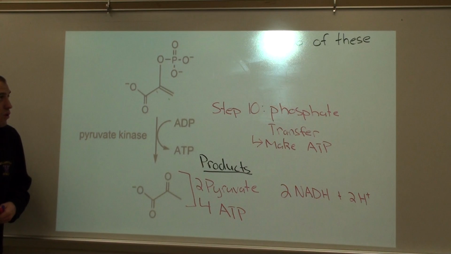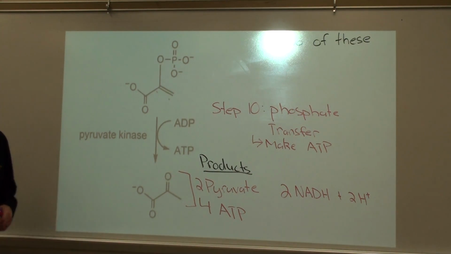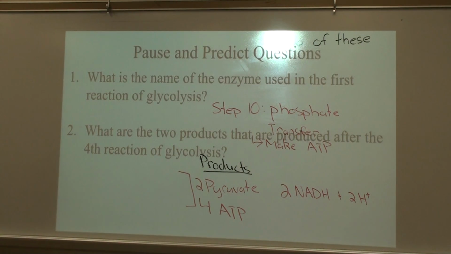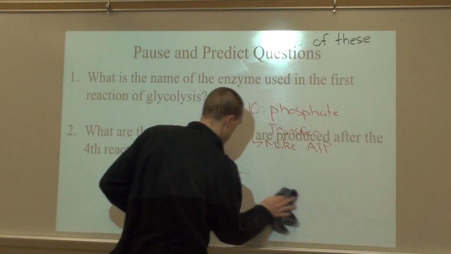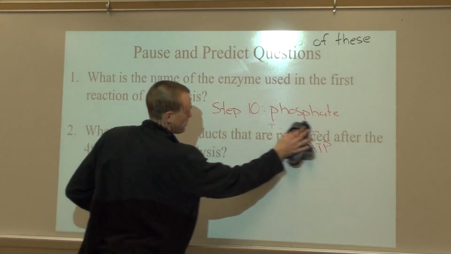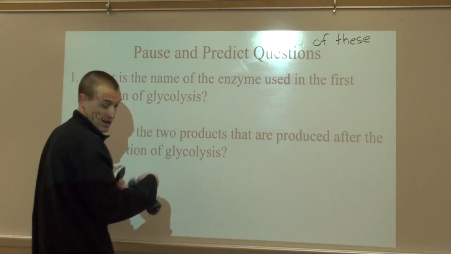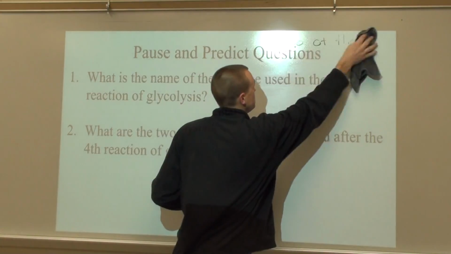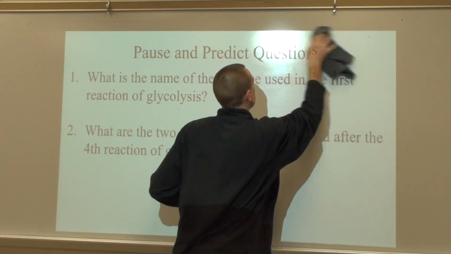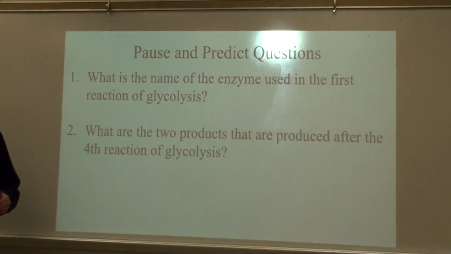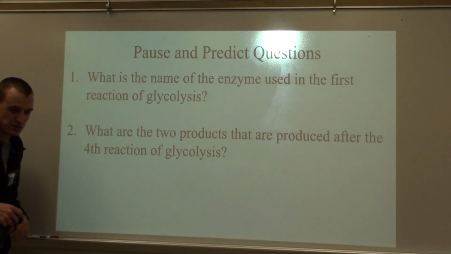So, as we get to the end here, I want to ask a couple pause and predict questions. These pause and predict questions involve both the energy investing phase and the energy producing phase. The first 2 questions are going to ask about that energy investing phase.